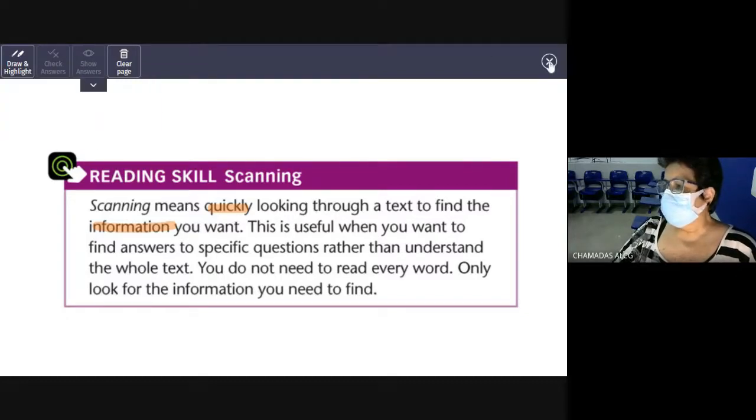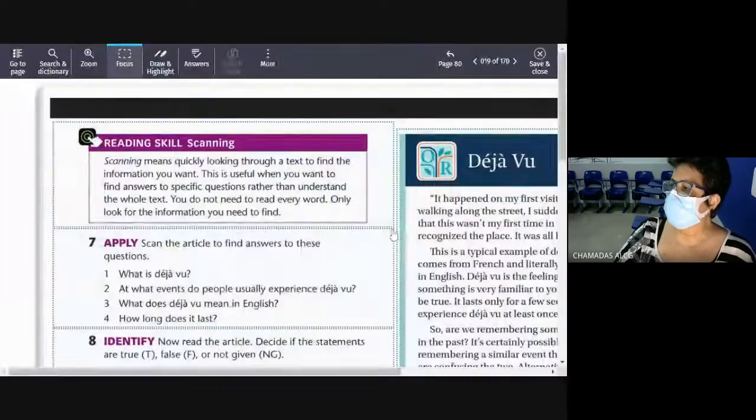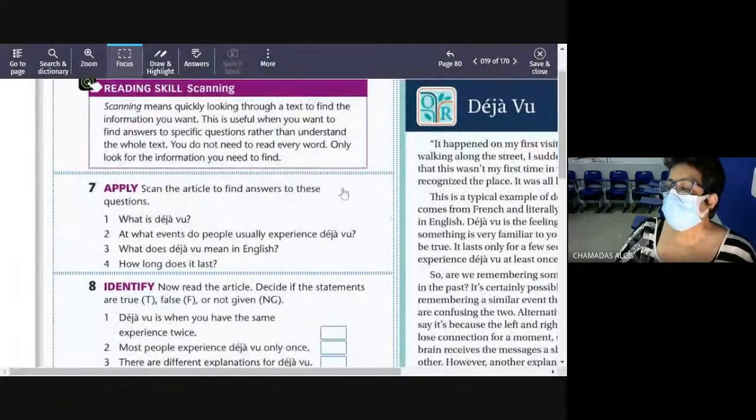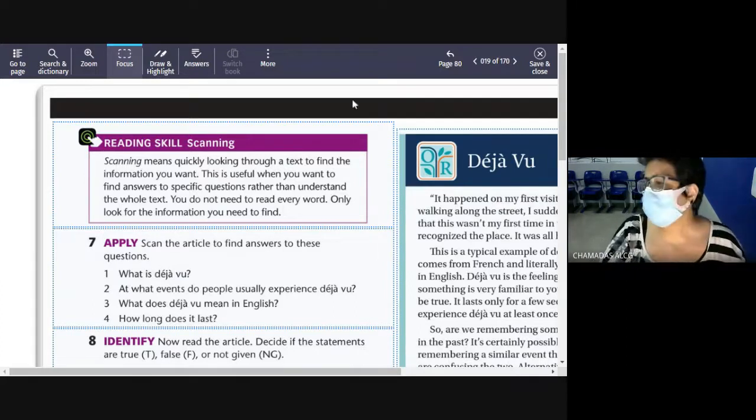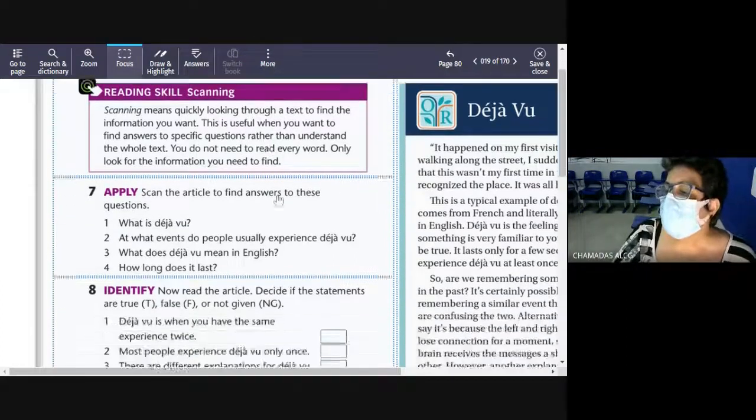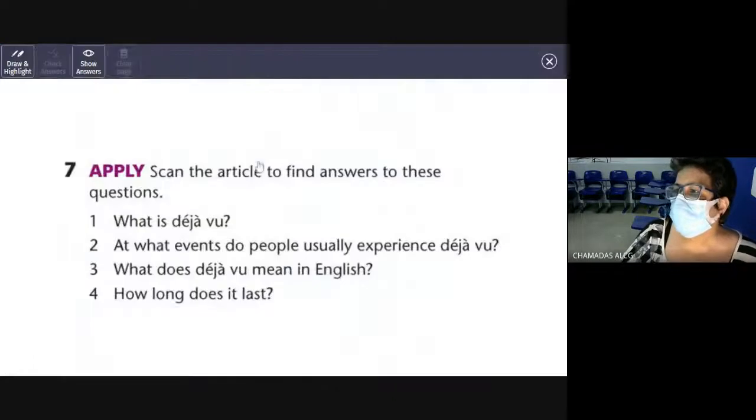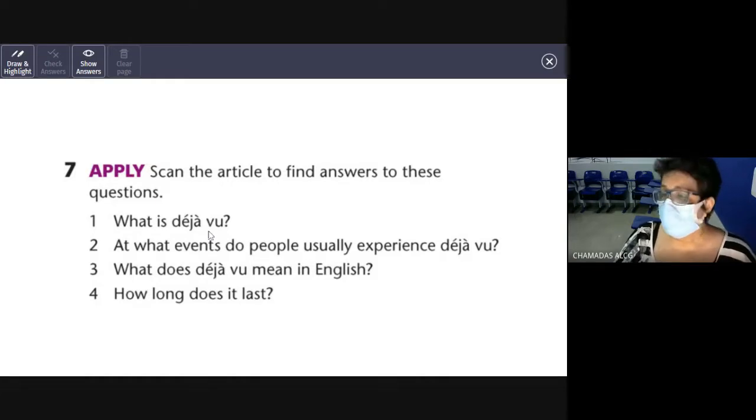Okay? So here, look. It's something like when you read quickly just to get the information you need. Okay? That's scanning. Take a look here. Scan the article to find answers to these questions. First, what is déjà vu?